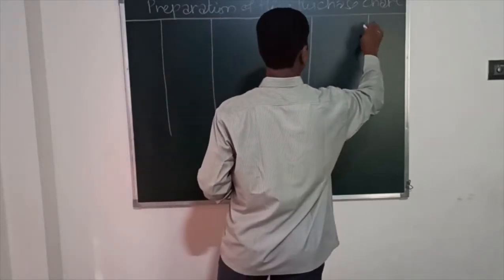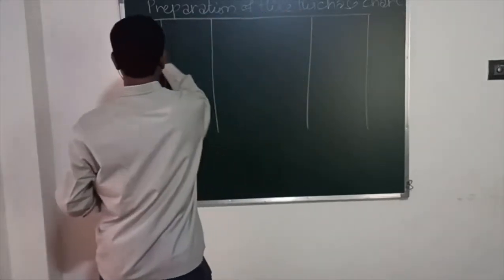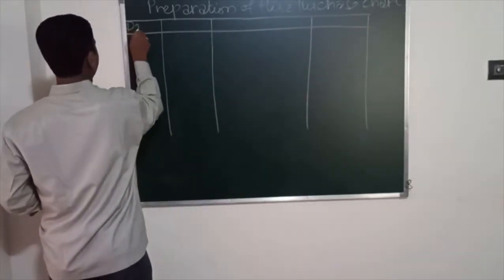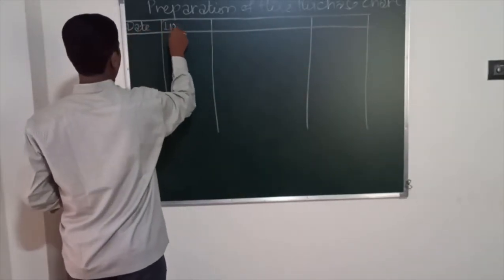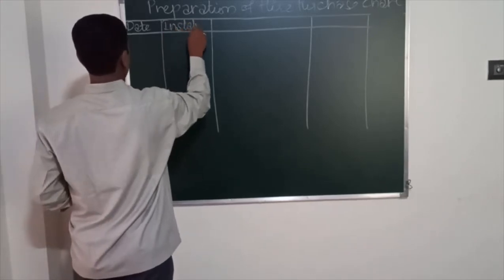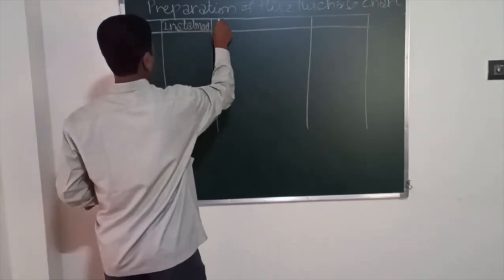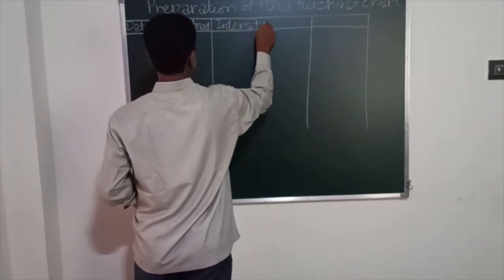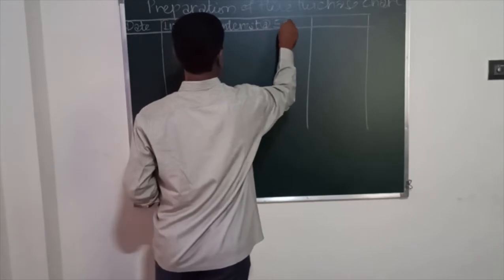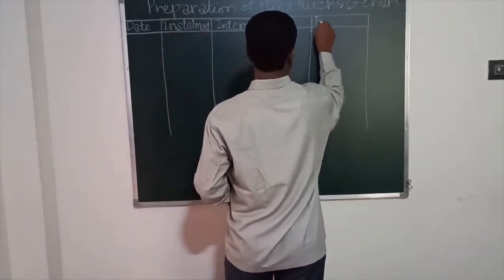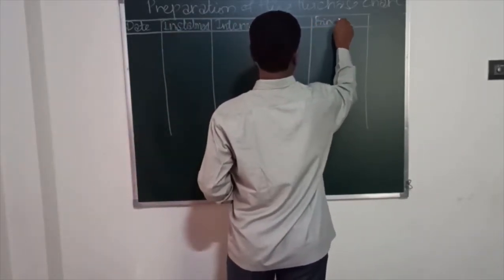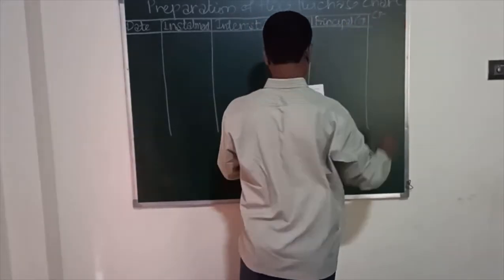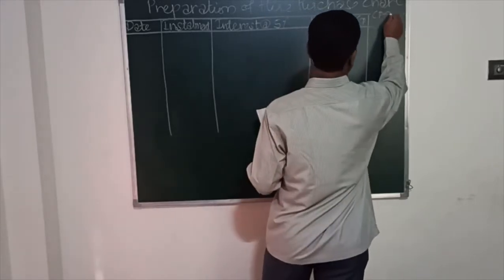Here the depreciation in this problem is not given, so let me remove this column here. So date, installment, then interest, which is given at the rate of 5%, then principal or cash price. So here the CP is given in the problem as rupees 28,000.